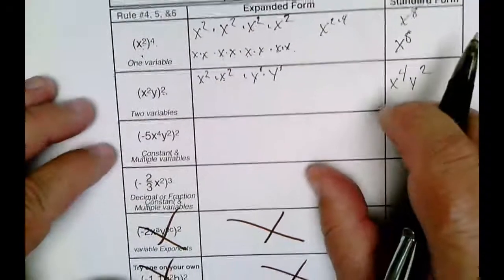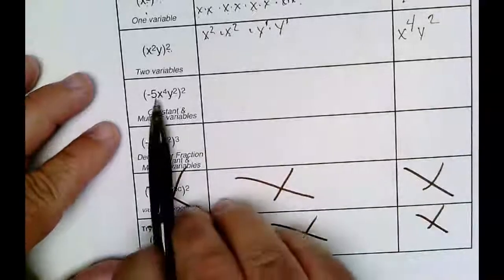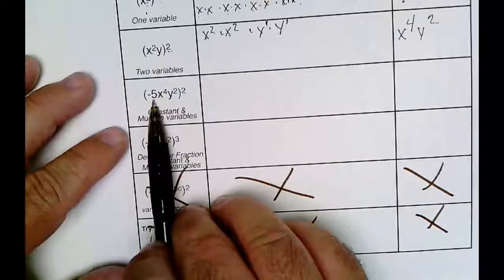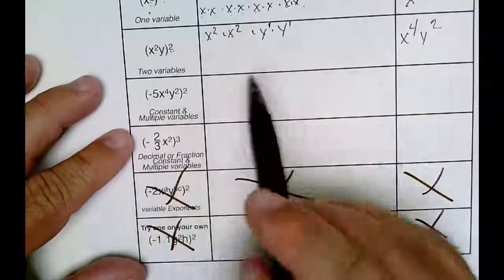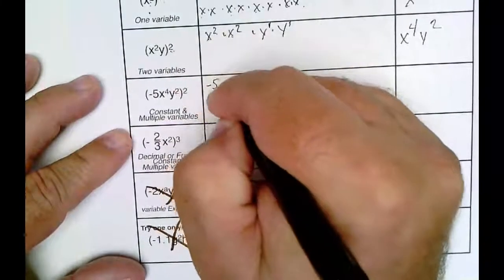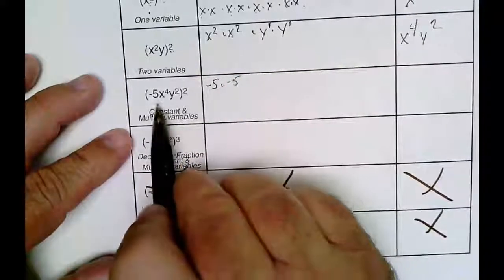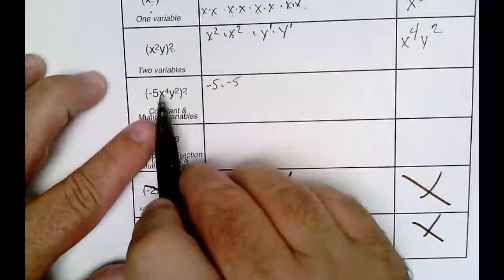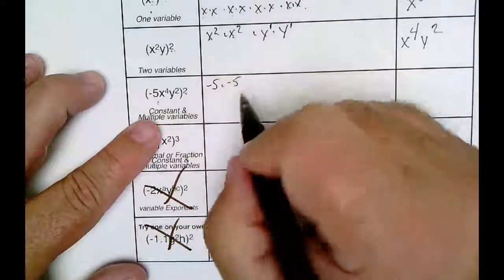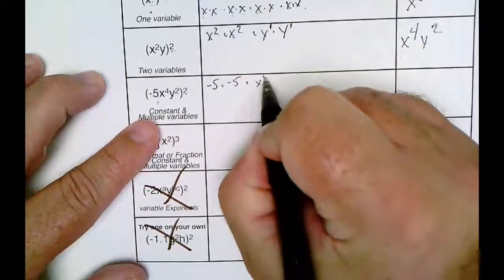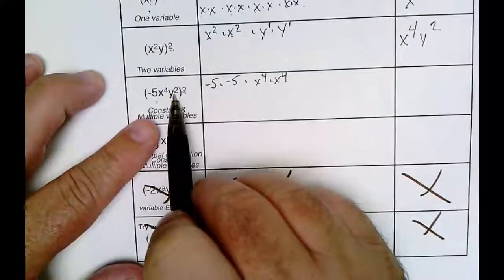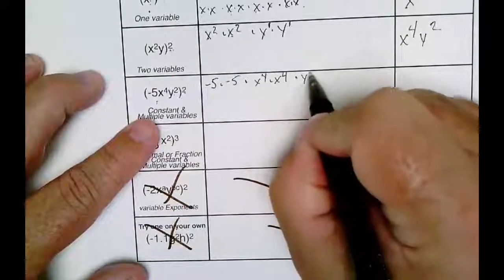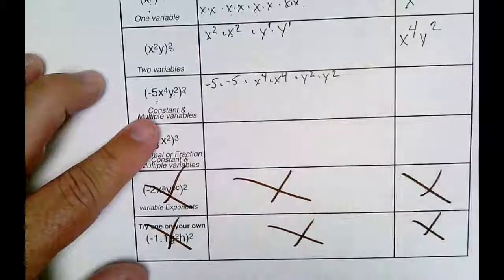So now we're going to get a little bit more difficult here. We're going to add a number. We're going to add a coefficient, but nothing changes. Okay? I'm going to get negative 5 times negative 5, because it's squared, x to the 4th squared times x to the 4th times x to the 4th times y squared, y squared.